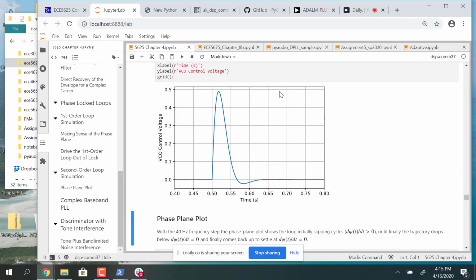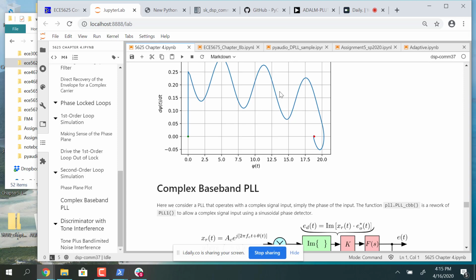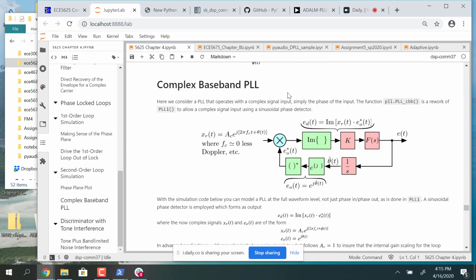So that's the loop pulling in, and this is a fraction of a cycle pull in because we're within the lock range, or I'm trying to think what the right term is. It's part of my phase lock loops class, but my brain has slipped out on that momentarily.